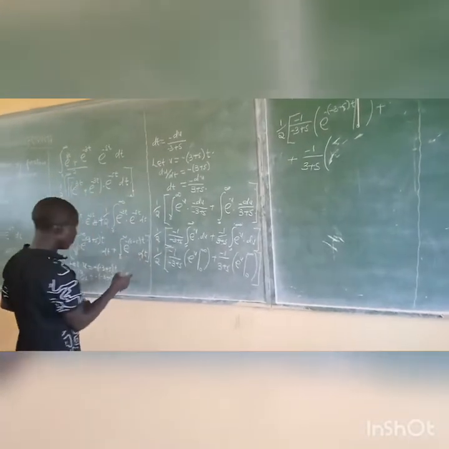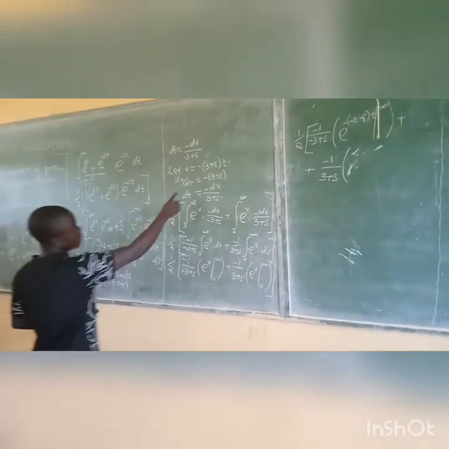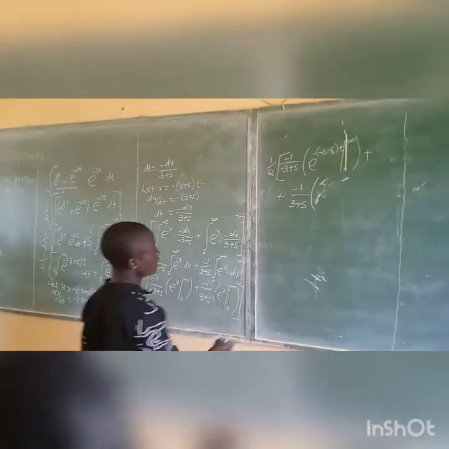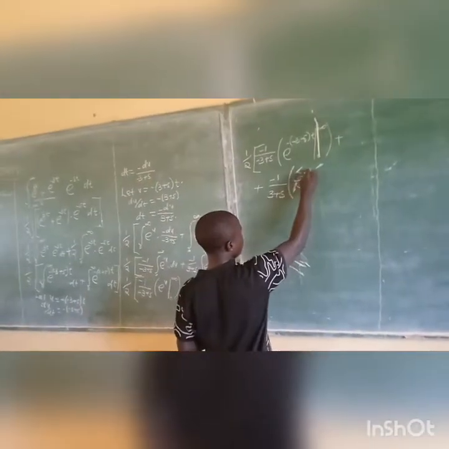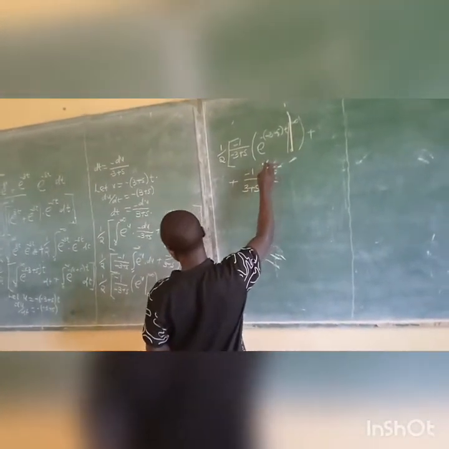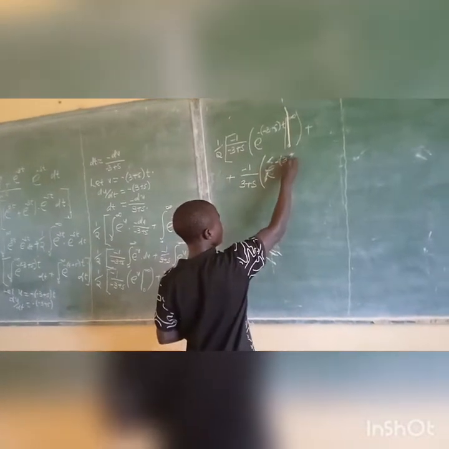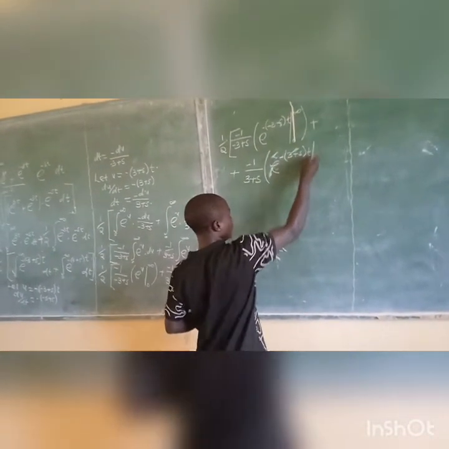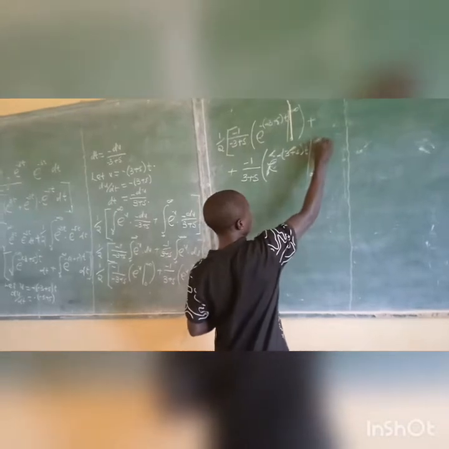We laid somewhere. Where is it? It is here, negative 3 plus s t. Exponential negative 3 plus s t with limits 0 to infinity.